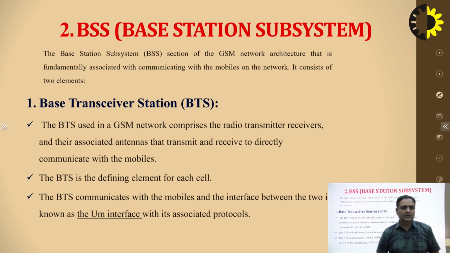These bands are used by the different operators, and with the band the particular companies use the spectrum, 75 megahertz, 36 megahertz, 25 megahertz, with a particular bandwidth, and this license is given by the Government of India.